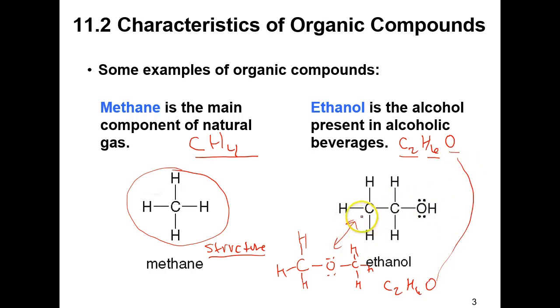Their properties are way different. This, you can put in alcoholic beverages and drink. This, if you drink, you would die. So that's why I find organic chemistry very interesting. By just little changes in the molecules, you have drastically different effects on a living organism. These are what's called isomers, constitutional isomers, and I believe we'll learn about it in a later chapter.